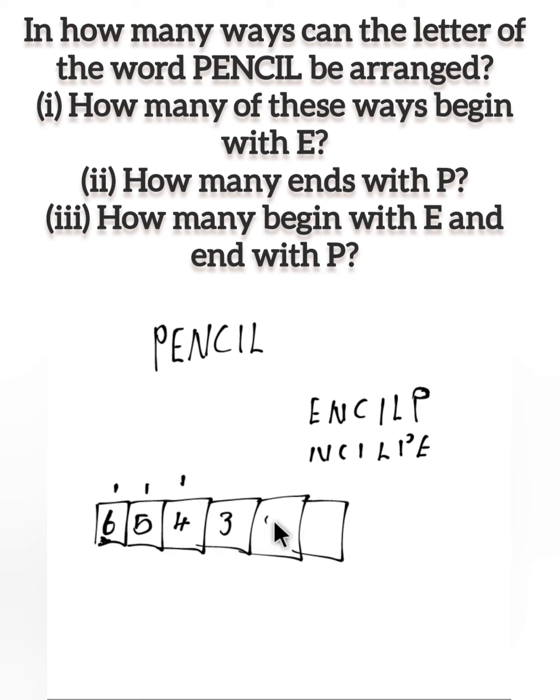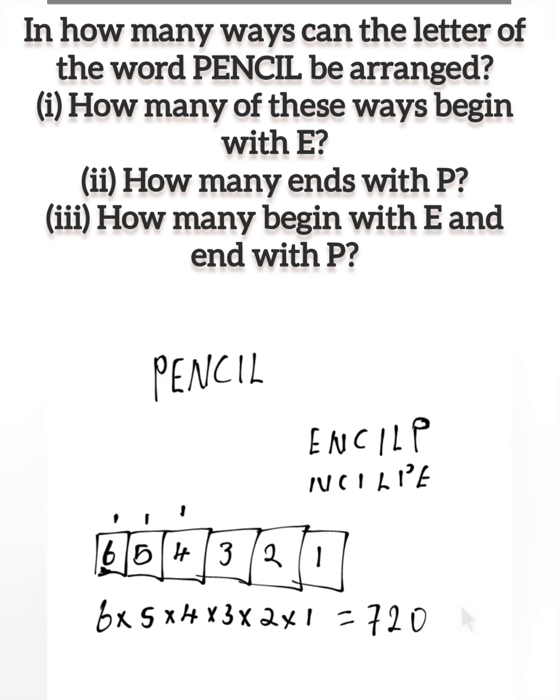The next one carries any of the other 2, and this one will have to take the last one. So the number of ways that we can arrange the word pencil, which is 6 alphabets, is 6 times 5 times 4 times 3 times 2 times 1. And this will give us 720. So that's 720 ways in which we can arrange the word pencil.